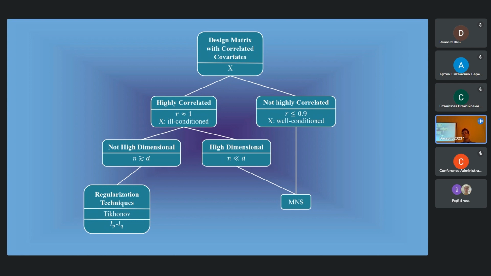However, we can use the MNS, and it is very satisfactory, if the data is high dimensional, or if the data is not highly correlated, which means that R is less than or equal to 0.9. That means that X is well conditioned. Thank you for your time and your attention.